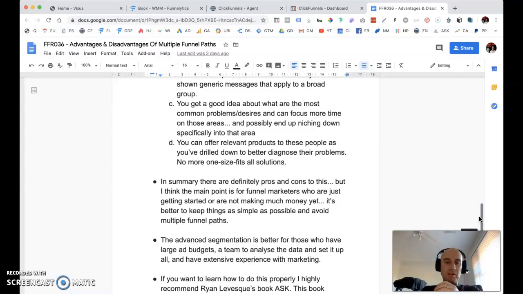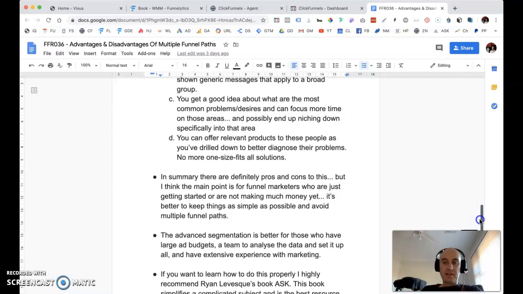Okay, so in summary, there are definitely pros and cons to multiple funnel paths and quizzes and surveys. But I think the main point is that for funnel marketers who are just getting started or are not making much money yet, it's ideally better to keep things as simple as possible and to avoid having 256 different funnel paths, because it just makes things super complicated.